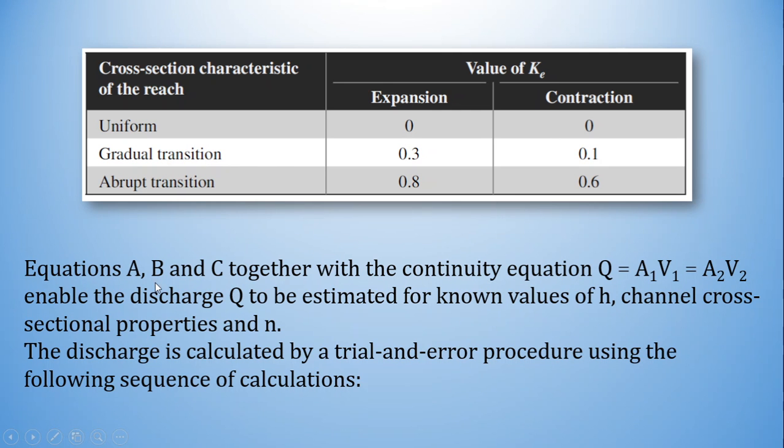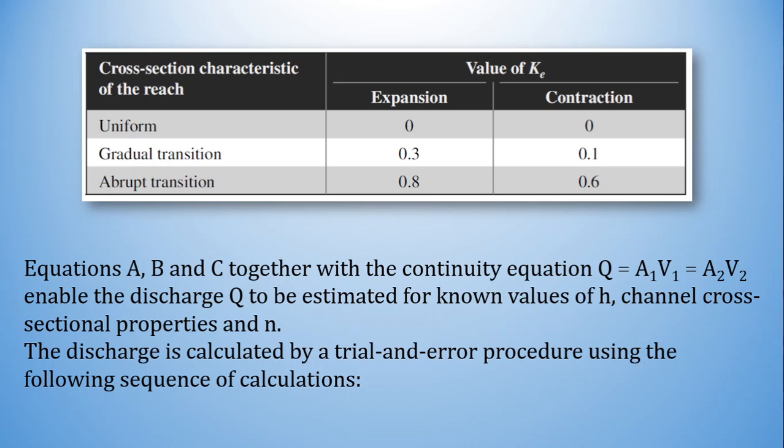So equations A, B and C together, with the continuity equation Q is equal to A1 V1 is equal to A2 V2, enable the discharge Q to be estimated for known values of H, channel cross-sectional properties and N. That means if you know the value of H, and the channel cross-sectional properties like area, wetted perimeter and Manning's constant, you can find out the discharge by using the earlier equations A, B and C.